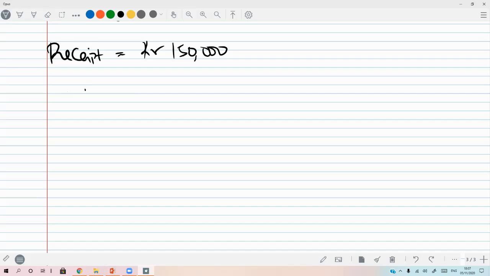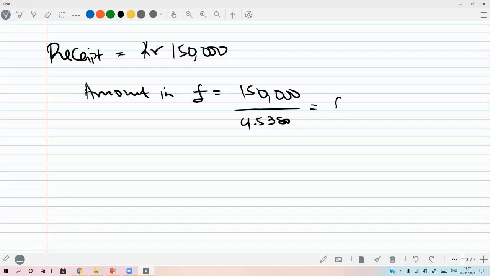Therefore, the receipt in sterling pounds will be equal to 150,000 kronas. We convert, because we are dividing, don't forget, divide by 9.580. How many pounds are we going to get?